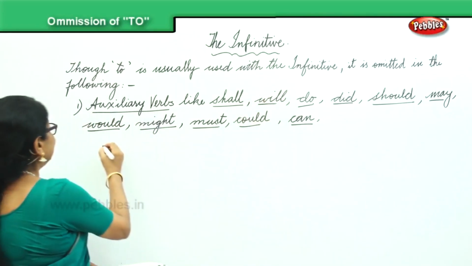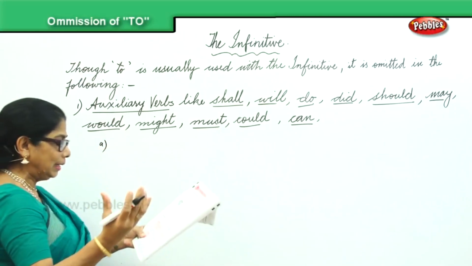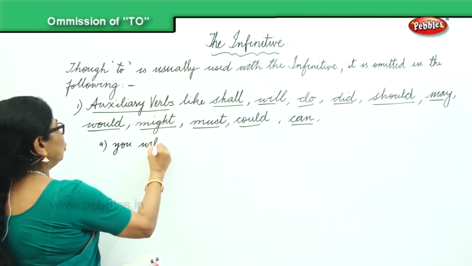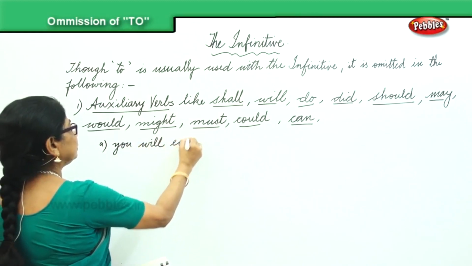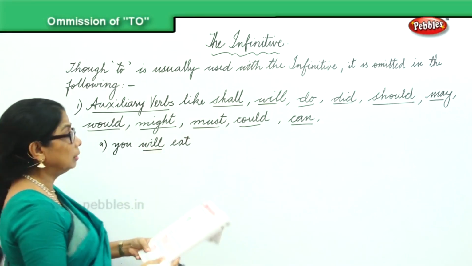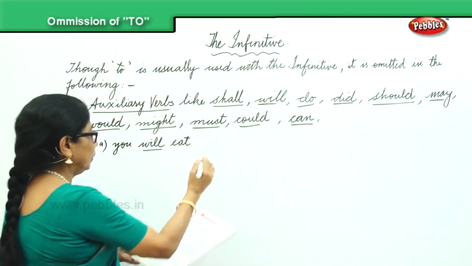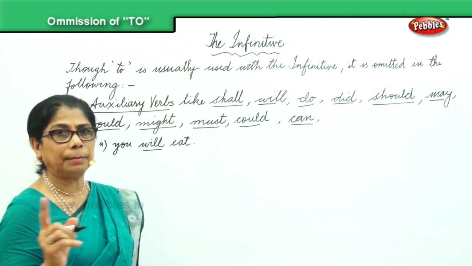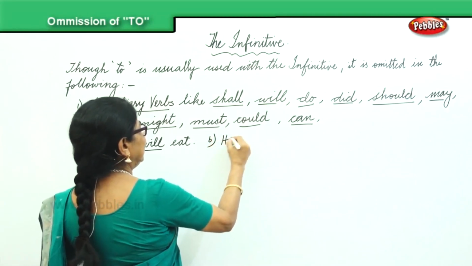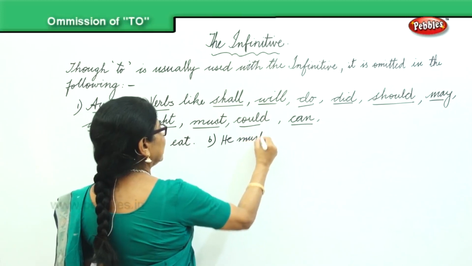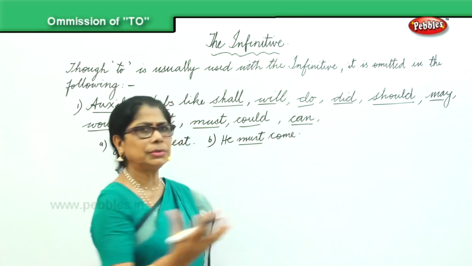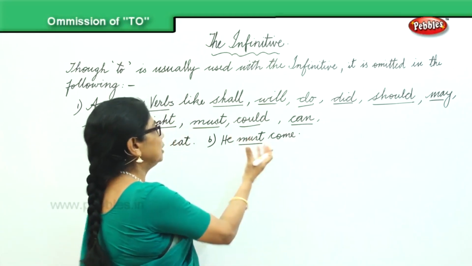Then you will say, you will eat. No "to" is used. Okay? Or you are talking about must. Then we will say, he must come. But we do not use "to" with must.